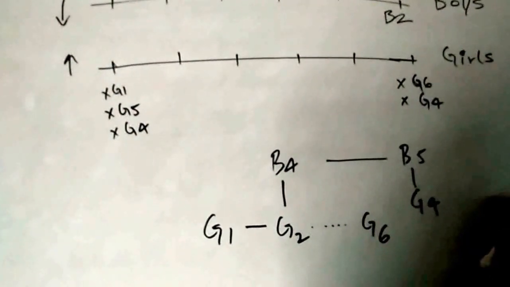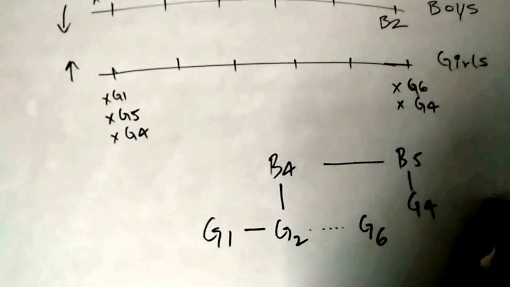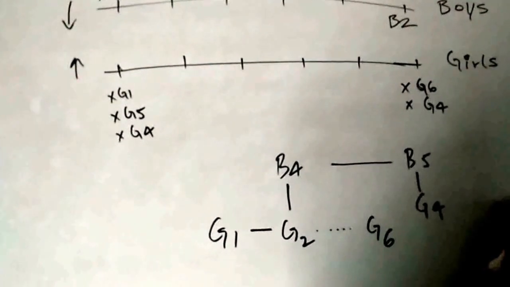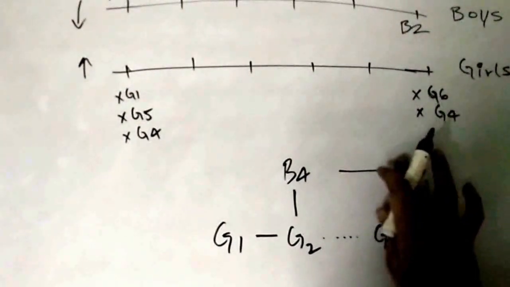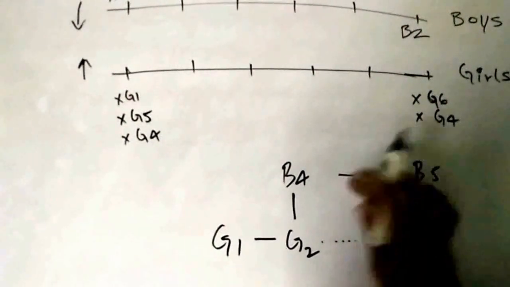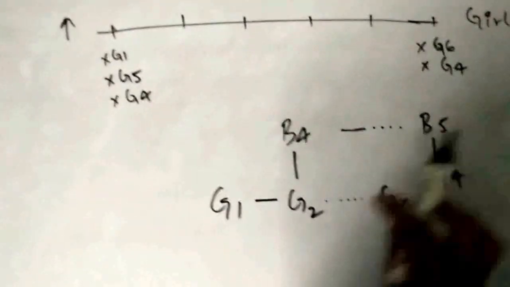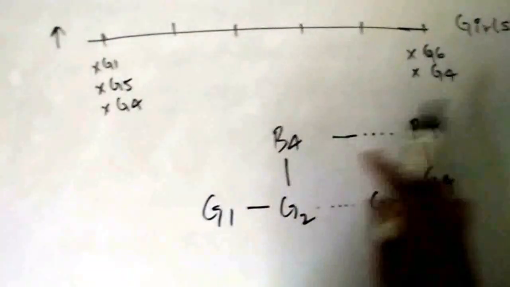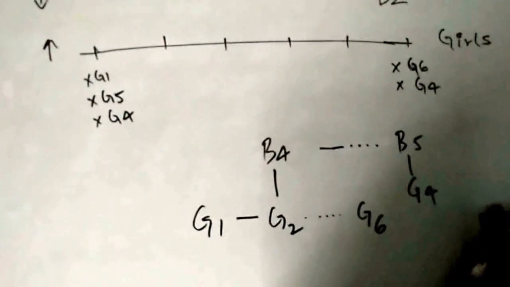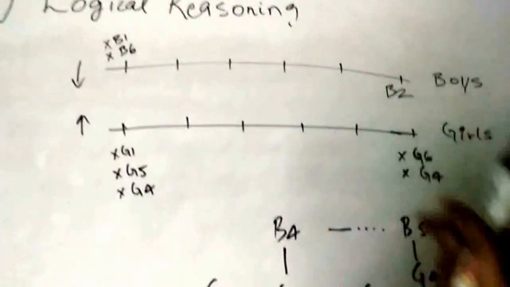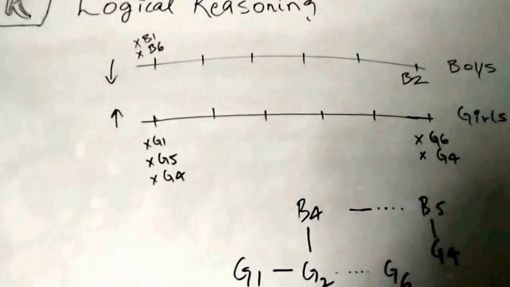This gets connected. Also, it is not said that it is the immediate left, so we'll mark it something like this. So this is a small diagram that we get using this information, and now we're just going to put this diagram into this, and let's see where it fits in.